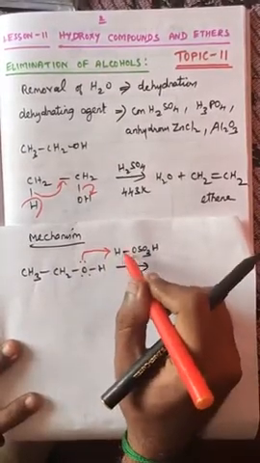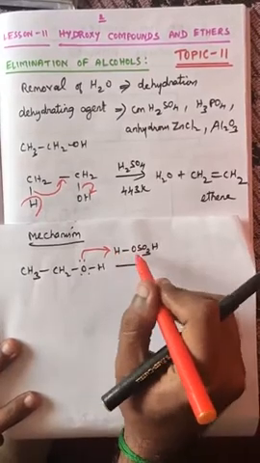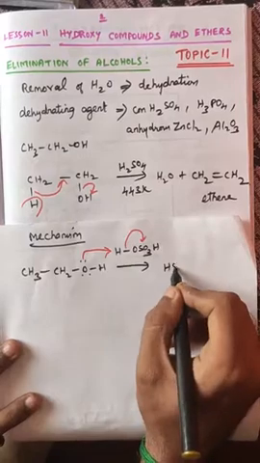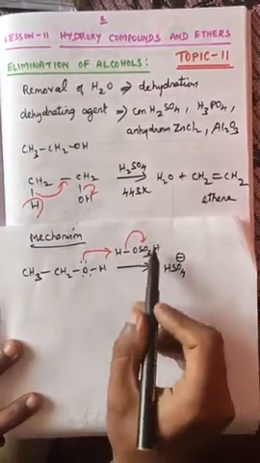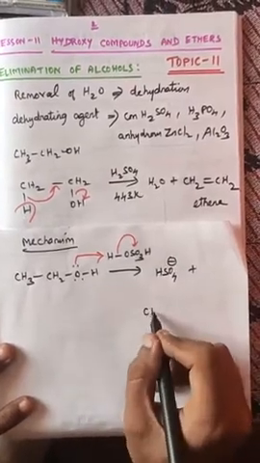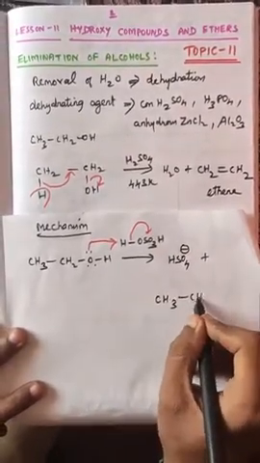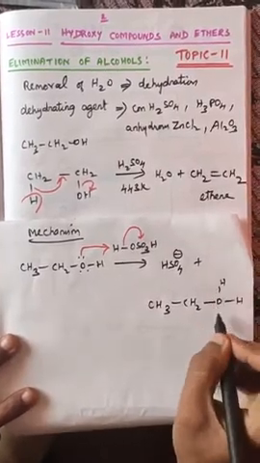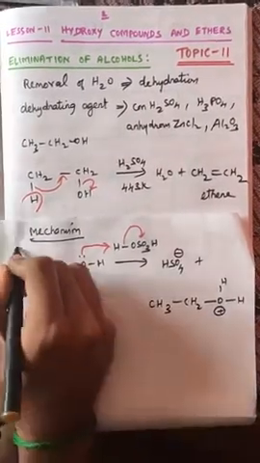As a result, the bond between the hydrogen and the OSO3H will shift over as a negative charge, so HSO4 minus. Remaining is CH3 bond CH2 bond O bond H, with another hydrogen carrying a positive charge. This is the first step.